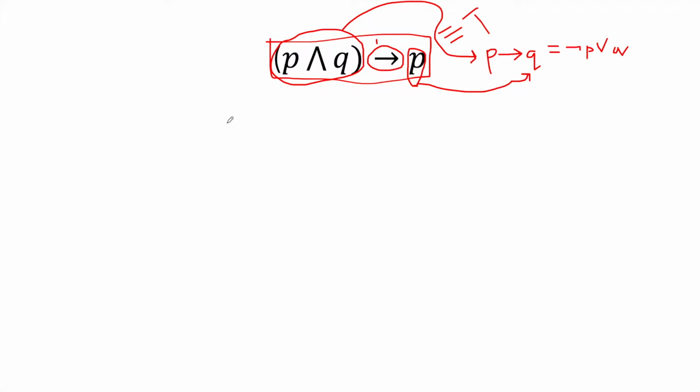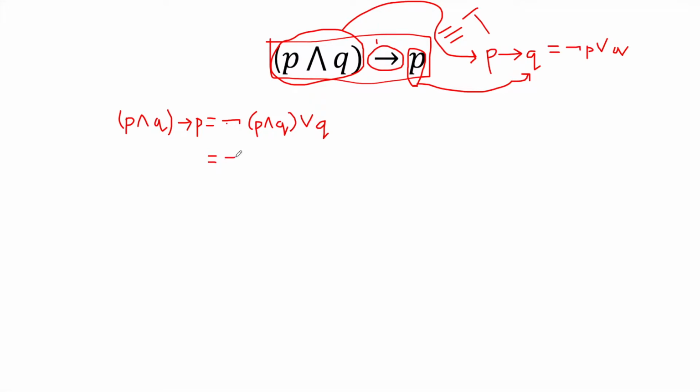So now what you can do is P and Q to P is equivalent to negation P or Q. Alright, and then in here, by using the De Morgan law, you may expand this presentation.